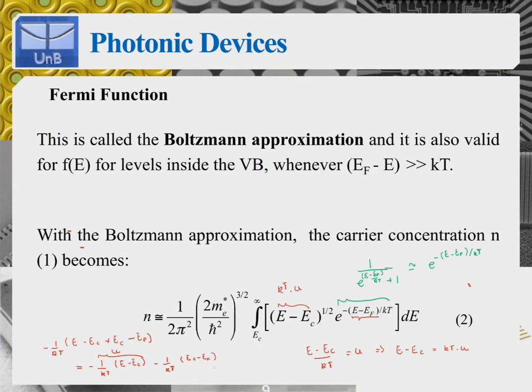Okay, so this is equal to minus U minus EC minus EF over KT.